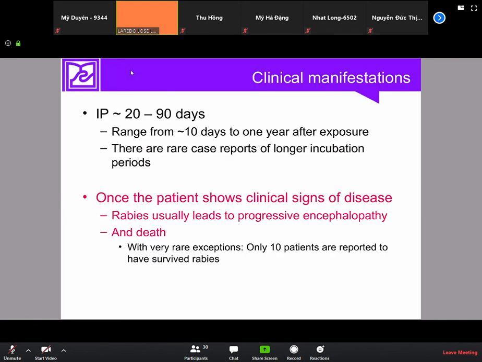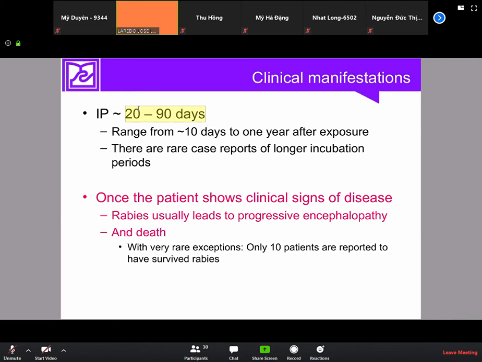The incubation period also depends on many factors. The incubation periods range from 20 to 90 days. So if the dog bites you in the foot, the incubation period will be very long because the virus has to travel from the foot to the brain.